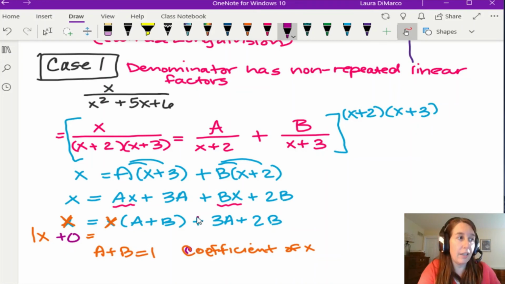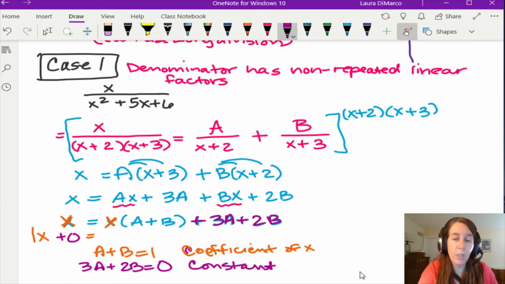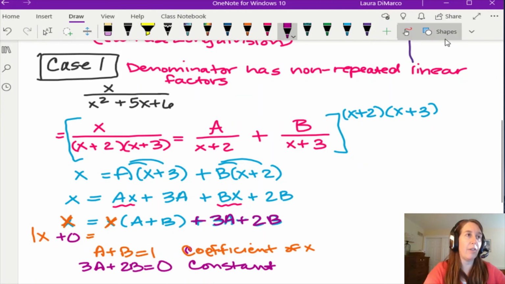On this side, the constant is plus 3a plus 2b. So these purple things have to be equal to each other. So that's 3a plus 2b must be equal to 0. And that's the constant terms. Okay? I think it's a kind of fancy, kind of cool way of thinking about things.